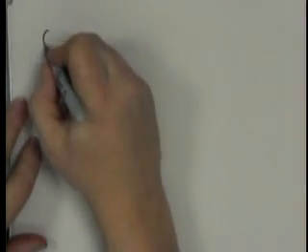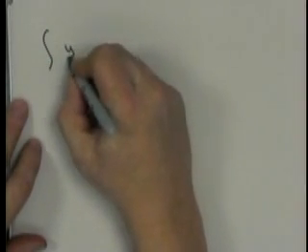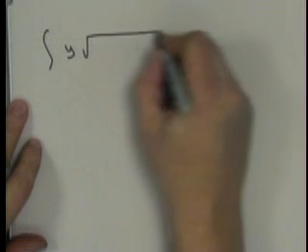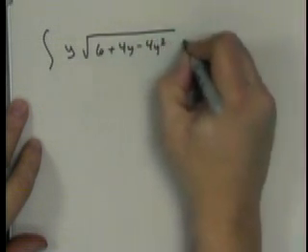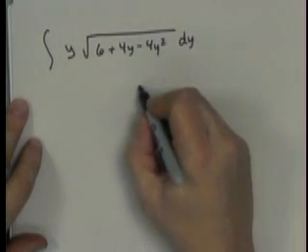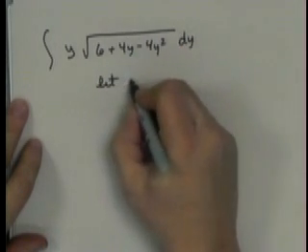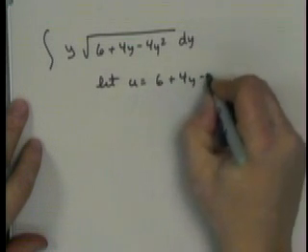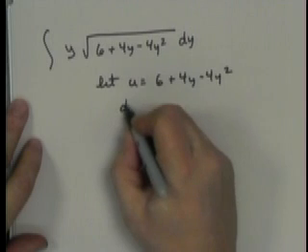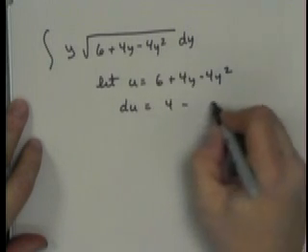Let's try one more format here. If I let u be the whole thing here, then du is going to be 4 minus 8y.